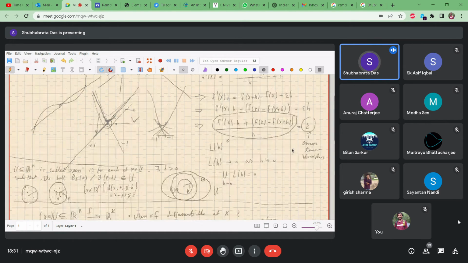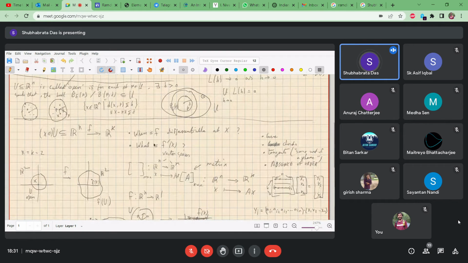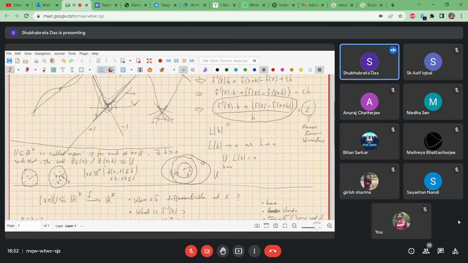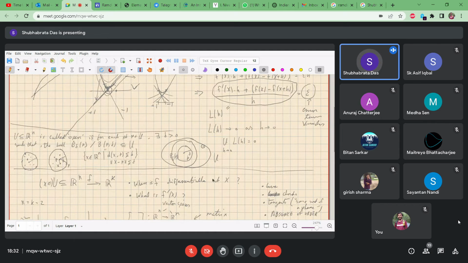Now, what would be the right formulation of the differentiability of f at the point x in this manner? Think about that. And in this very expression, you had a derivative present, right? When you think about the first question, you will understand that conceiving a derivative f prime x just like this is not so straightforward.